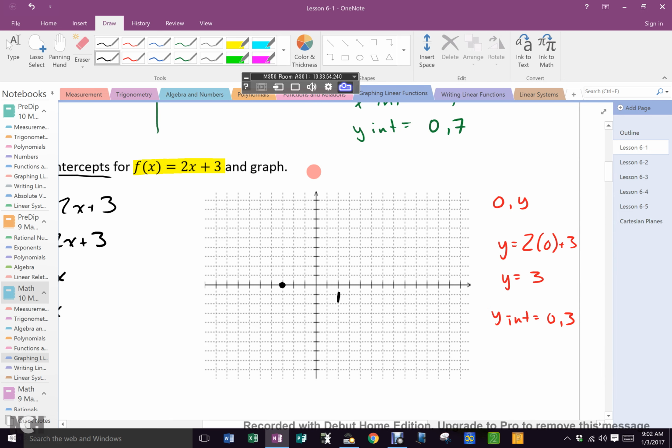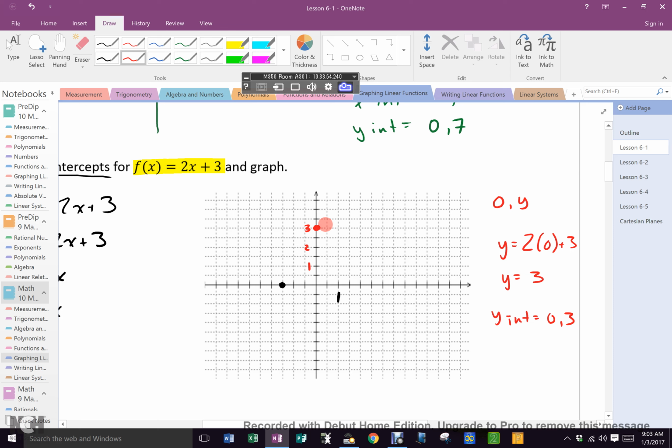So how far up do I need to go? 6. Because each square is worth a half. So there's 1. I'll do this one in red. There's 1. There's 2. And there's 3. There's my y-intercept. Is everybody okay with that?